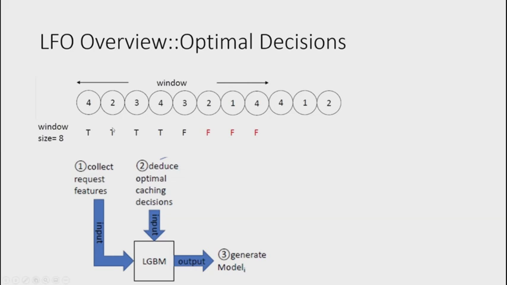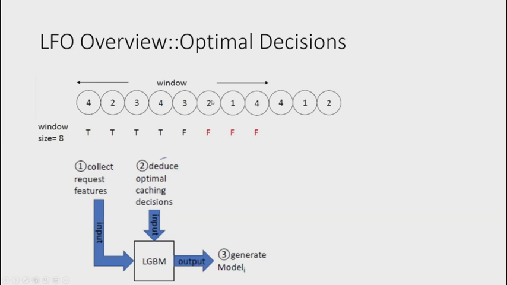It will be accessed again. We want to cache it. 3. Since it will be accessed again, we want to cache it in the optimal decision. Now, 3. It is being accessed a second time, and since it is not going to be accessed again before the end of the window, we are not going to cache it.